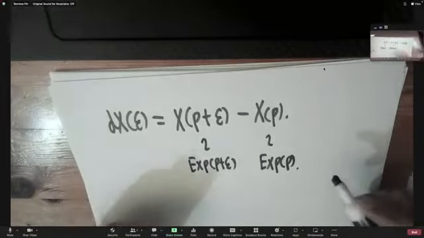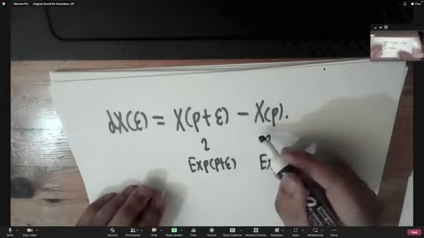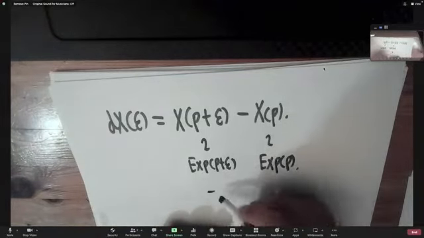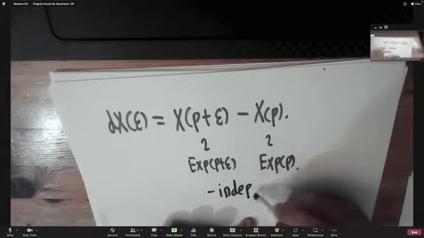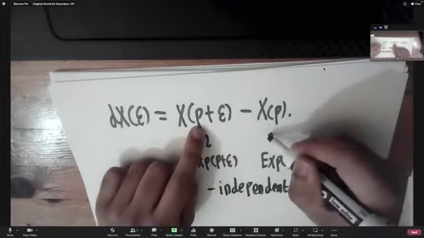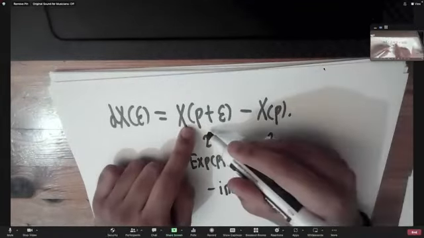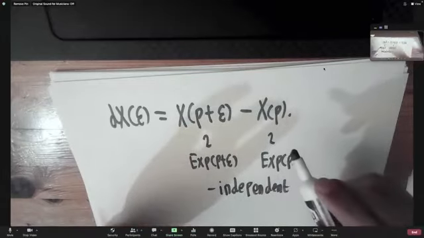This doesn't tell you enough. You have to specify how they behave jointly. Perhaps the simplest thing to do is to make these two random variables independent, so the sampling processes are not tied to each other at all. We take a sample from x of p, a sample of x of p plus epsilon, and subtract them.